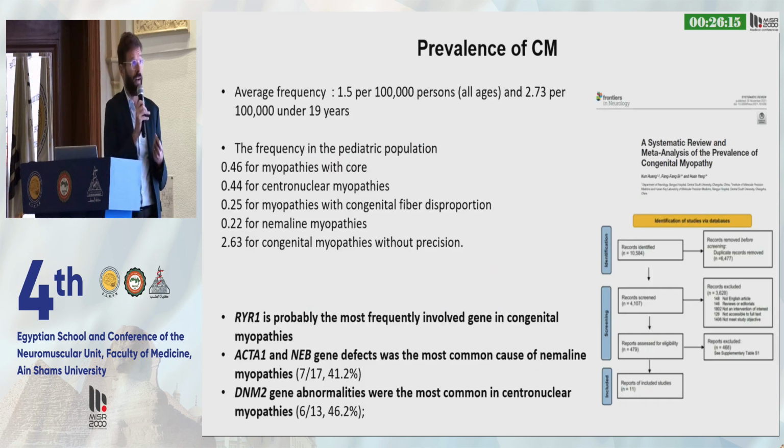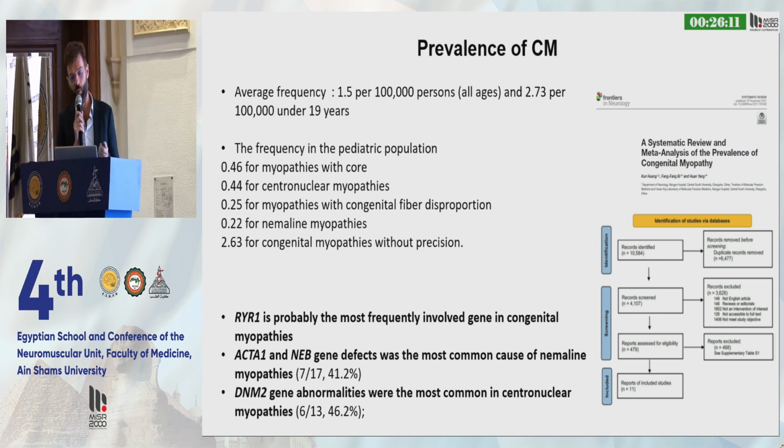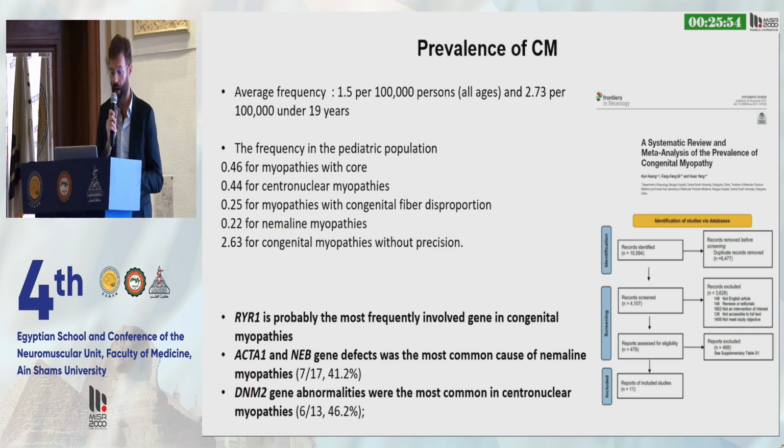The prevalence of this disorder is 1.5 per 100,000, and what you should think of is that there are genes that are recurrent and the most frequently encountered in patients. For example, the ryanodine 1 gene is the most frequent gene of congenital myopathy.